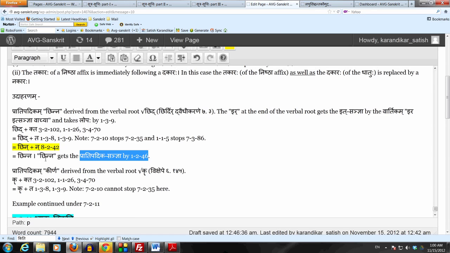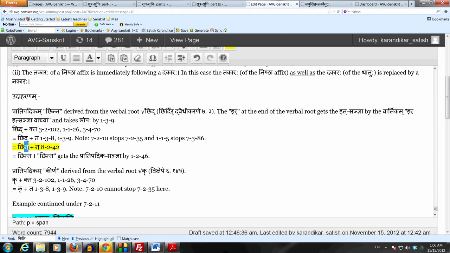It will decline like Vana in the napumsakalinga. Nothing special there. But the important thing here is that two operations take place, and there is a nakara substitution in two places: in place of the nishtha takaraha as well as the preceding dakaraha.